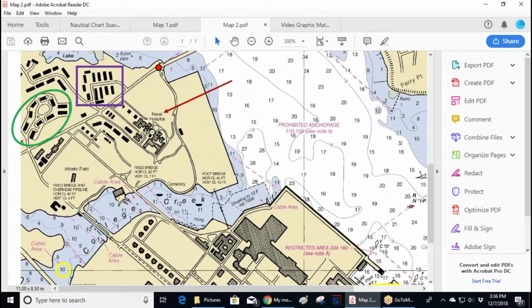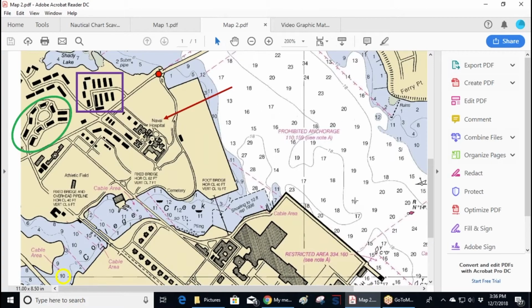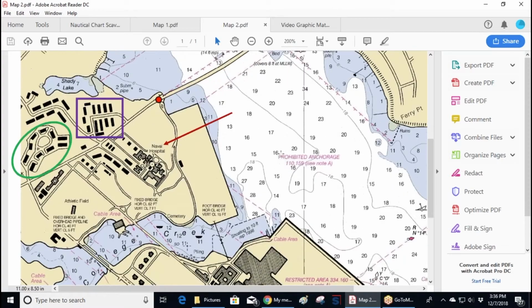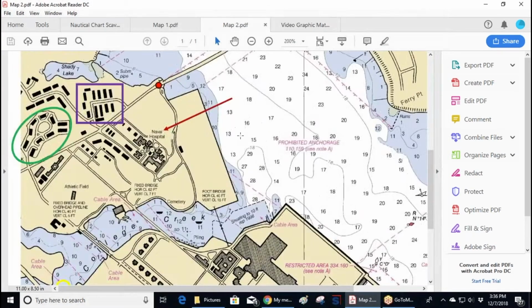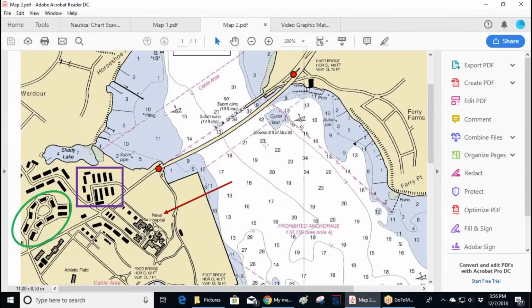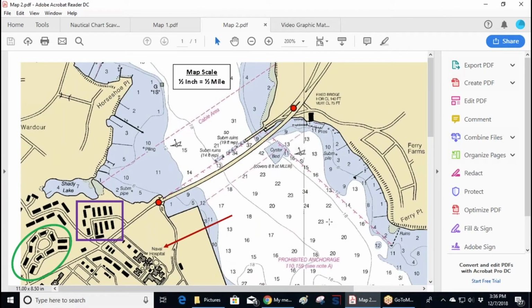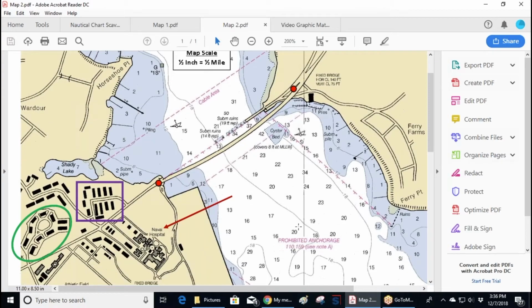The more shallow water is represented by blue, and the deeper water in the channel is represented in white. This is actually a map of the U.S. Naval Academy.